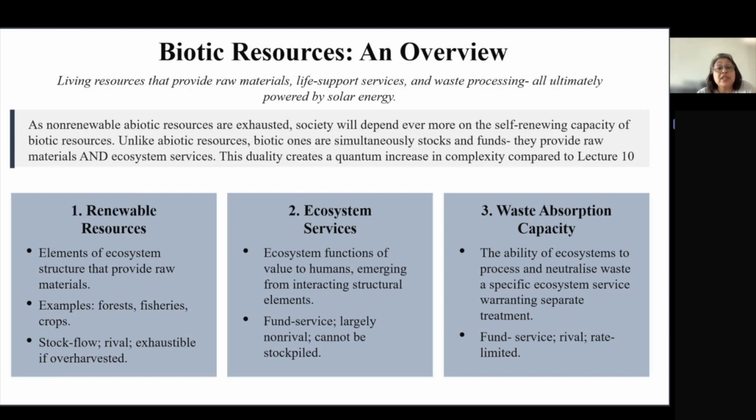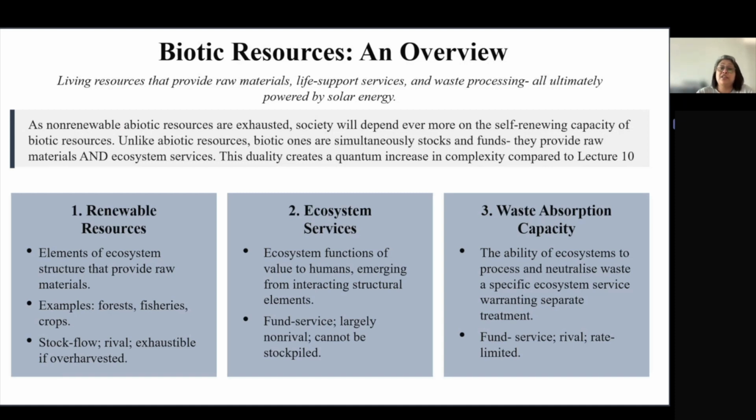And third is the waste absorption capacity, the ability of ecosystems to process and neutralize our waste. This is also a fund service, but it differs from other ecosystem services.